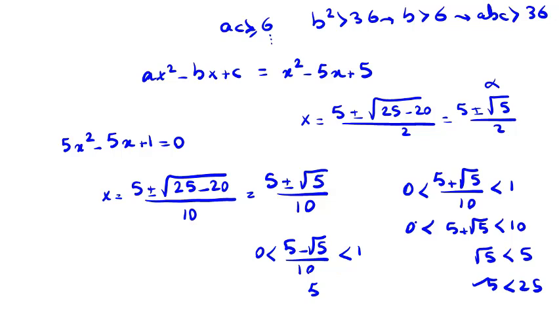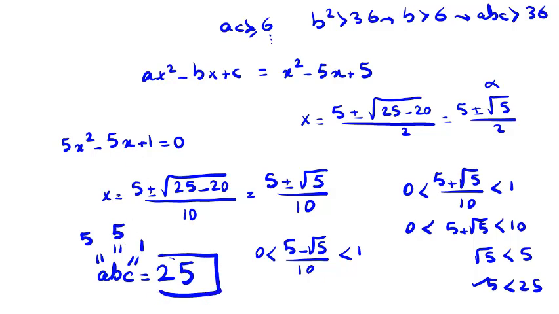So both of them are less than 1. So we've checked that it is possible. So for abc equals 25, the minimum case, a is 5, b is 5, and c is 1. The answer equals 25.